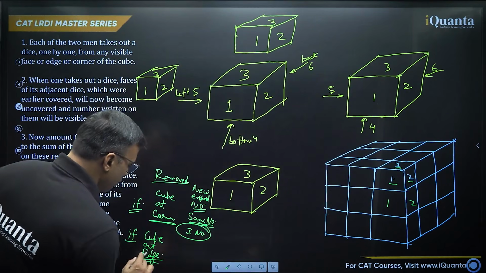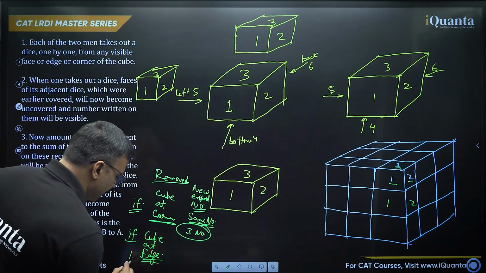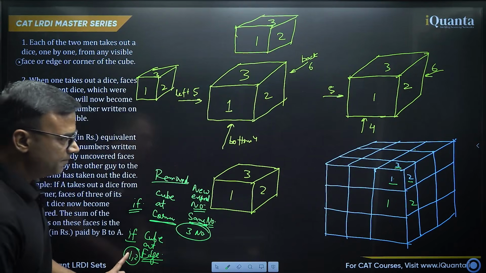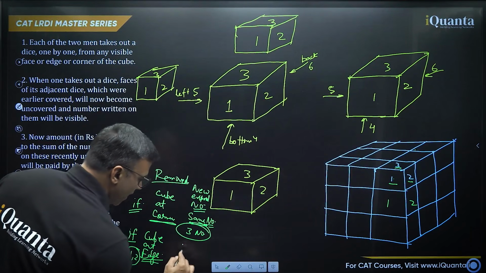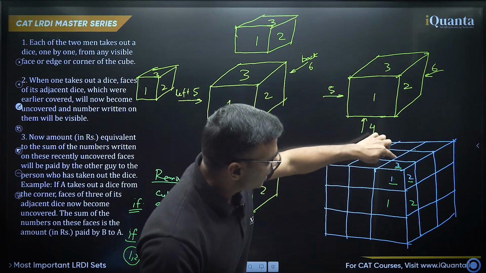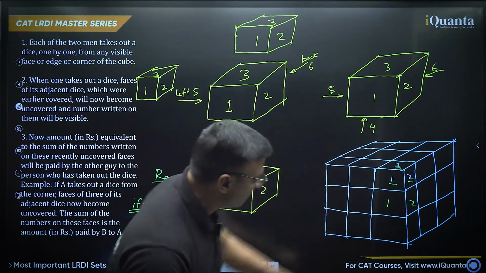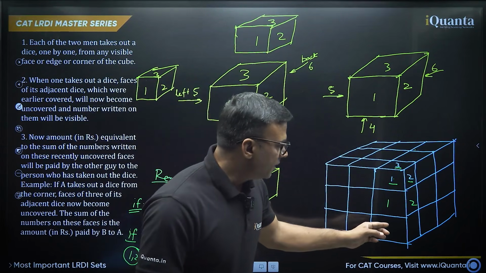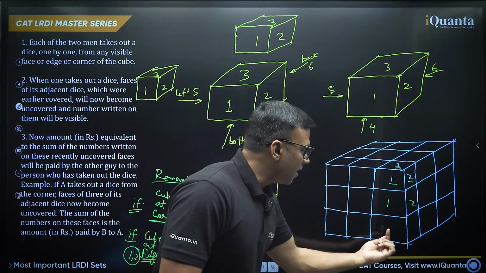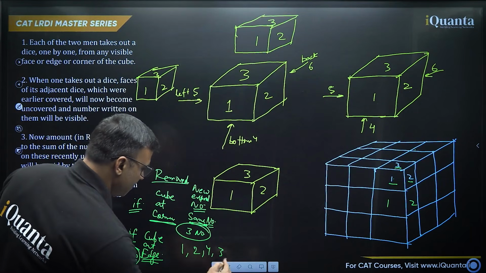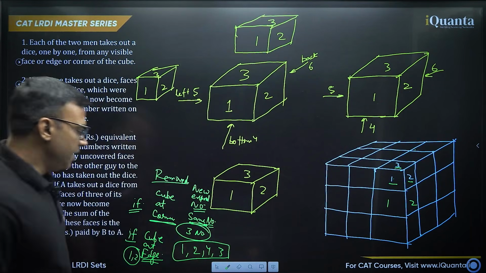So for example, for a cube at an edge, if I'm taking the example where 1, 2 was exposed, the new exposed numbers will be, for the back one, 1, for the left one, 2. For the top one, you see here it is 3, so here the exposed number will become 4. Now here, the top number is 3. So 1, 2, 4, 3 will become visible.